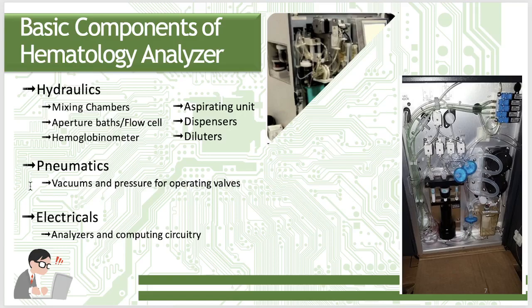So, kumbaga, pinaprocess na dito yung ating mga data na nakukuha. So, again, remember these three basic components of your hematological analyzer: hydraulics, pneumatics, and your electricals. At least aware kayo of what is the function of these different components.